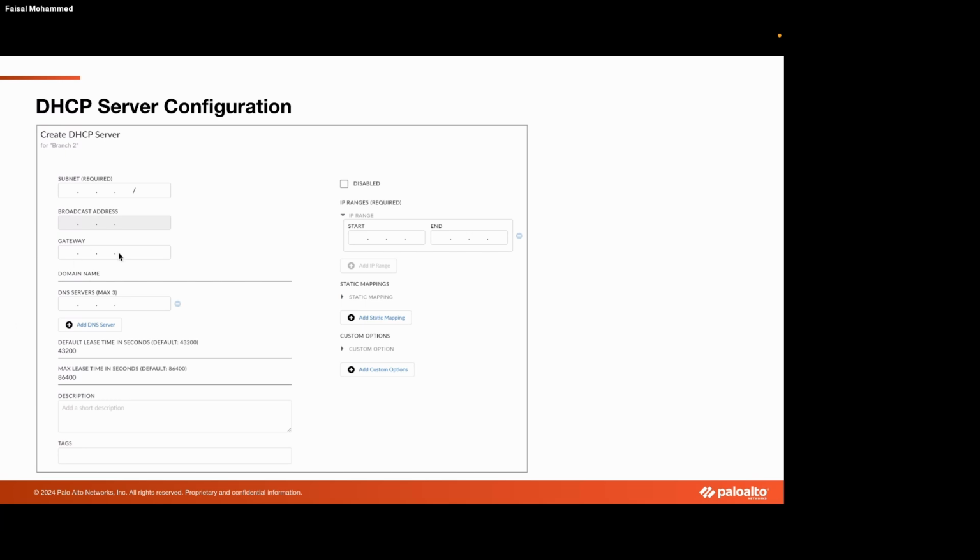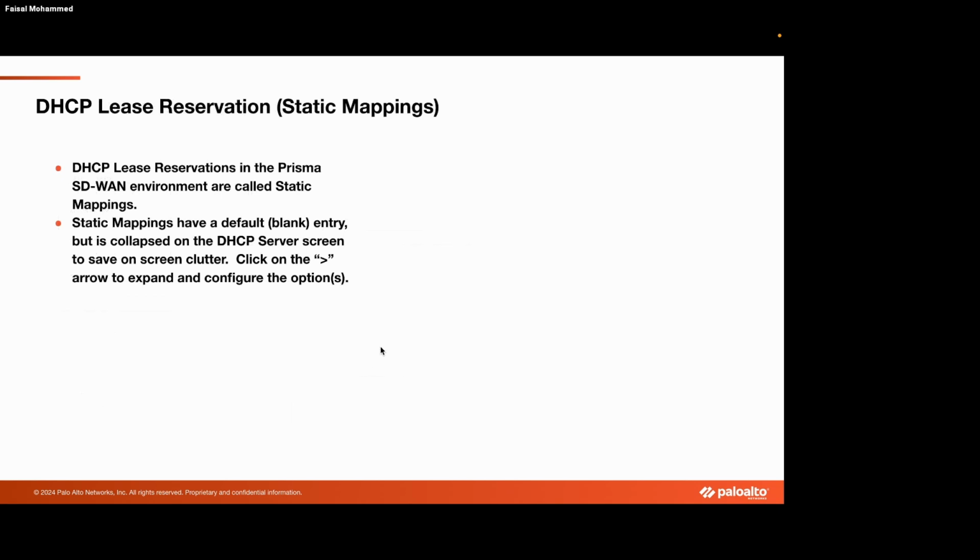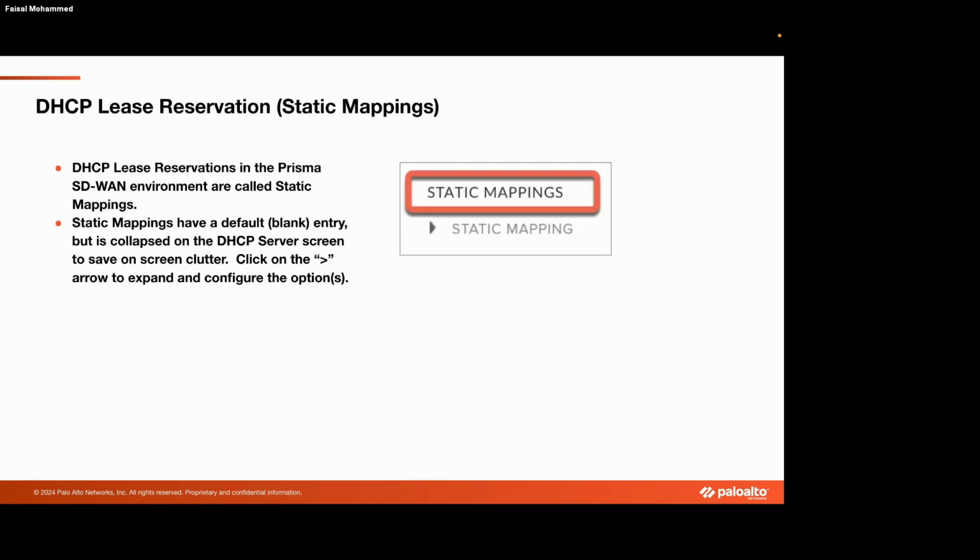So you have a subnet, a populated broadcast address, a gateway, and a DNS server. You can add up to 3 DNS servers. You have the lease time and the IP range which you would like this particular subnet to use for leasing. You have the static mapping as well as the custom options. For DHCP lease static reservation, you have the static menu.